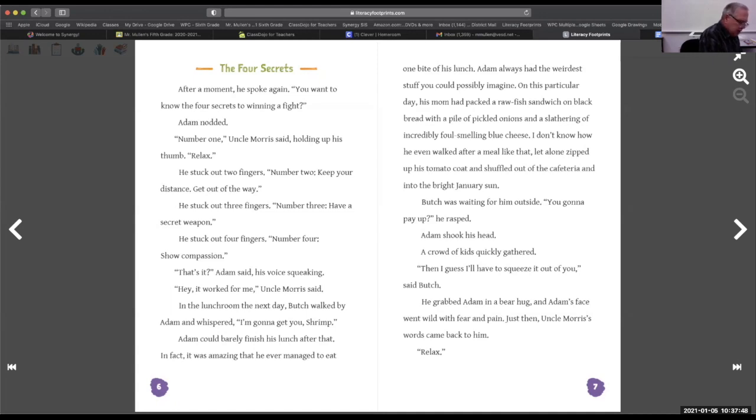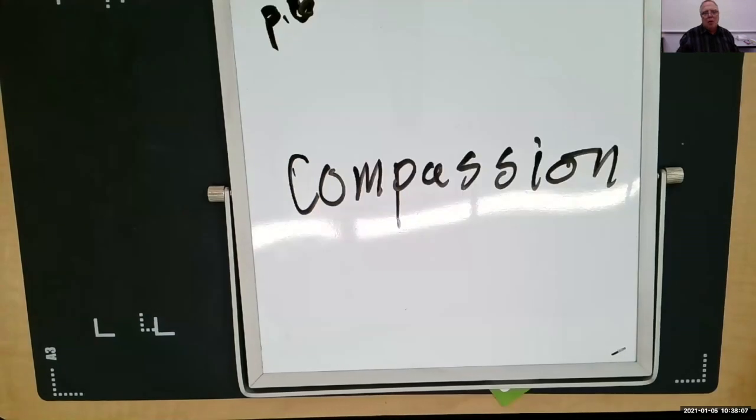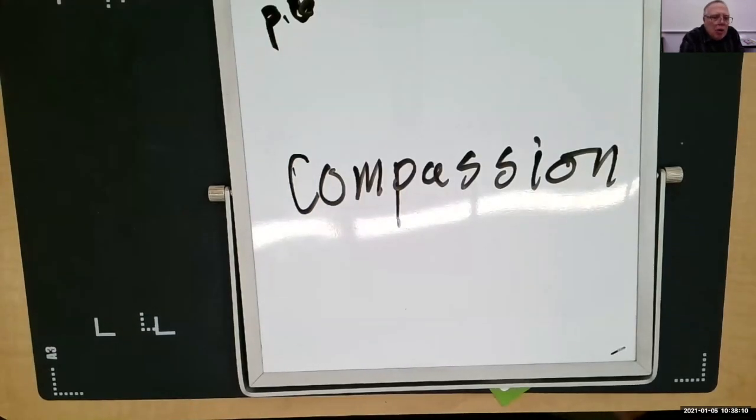The reason why this is an especially important word is it is one of your vocabulary words. Compassion. Okay, now, I think we could read around it and find another word that we could supply, but sometimes you can't.